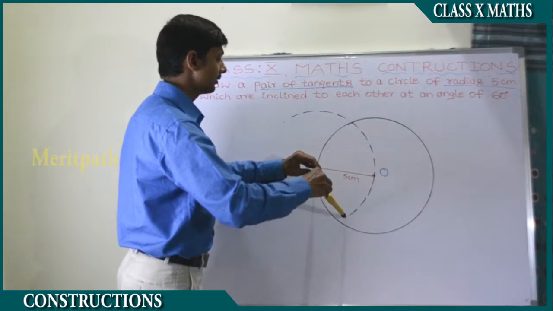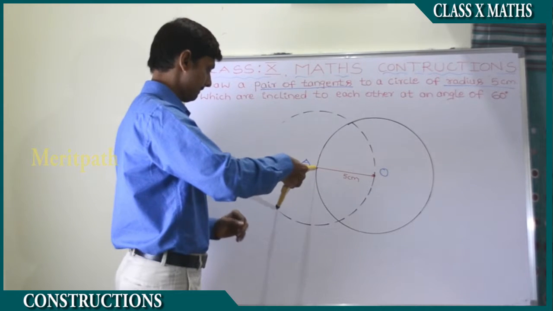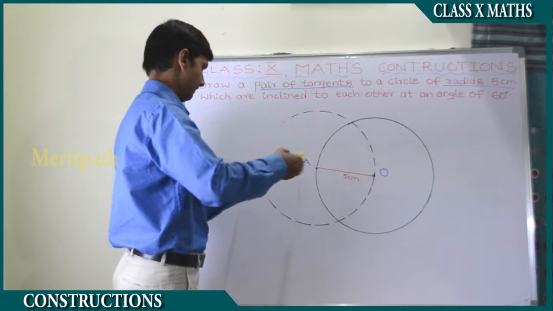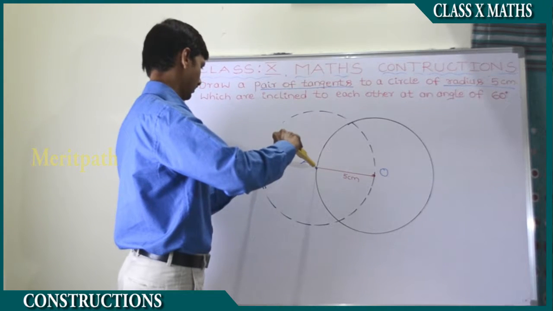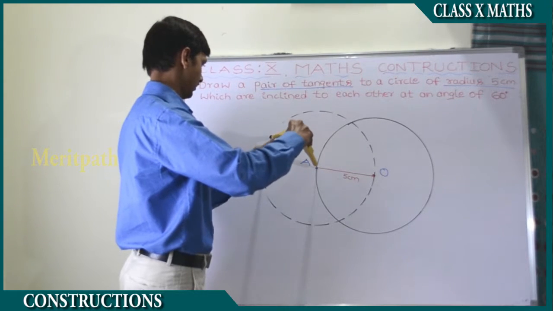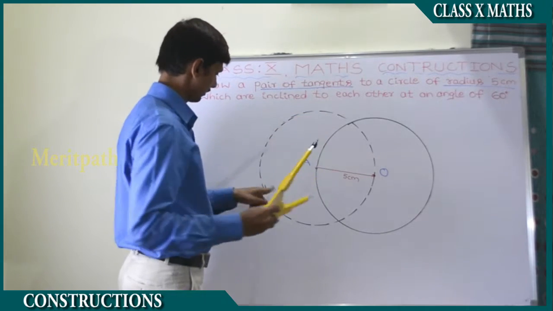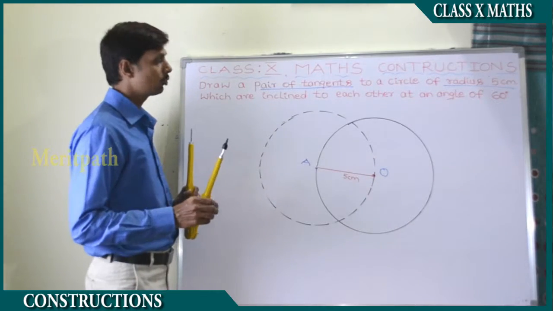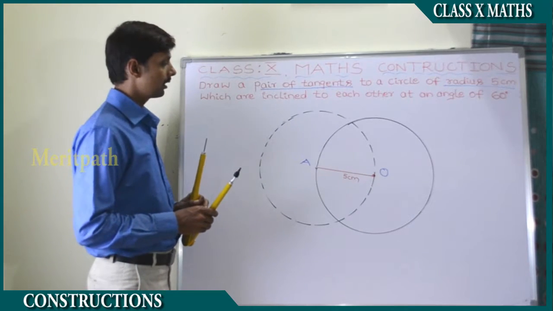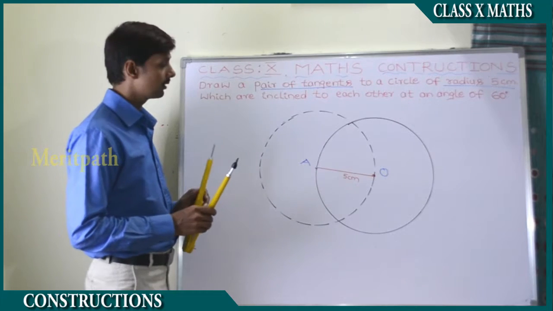We are drawing another circle using the point A. It is also of radius 5 centimeters.